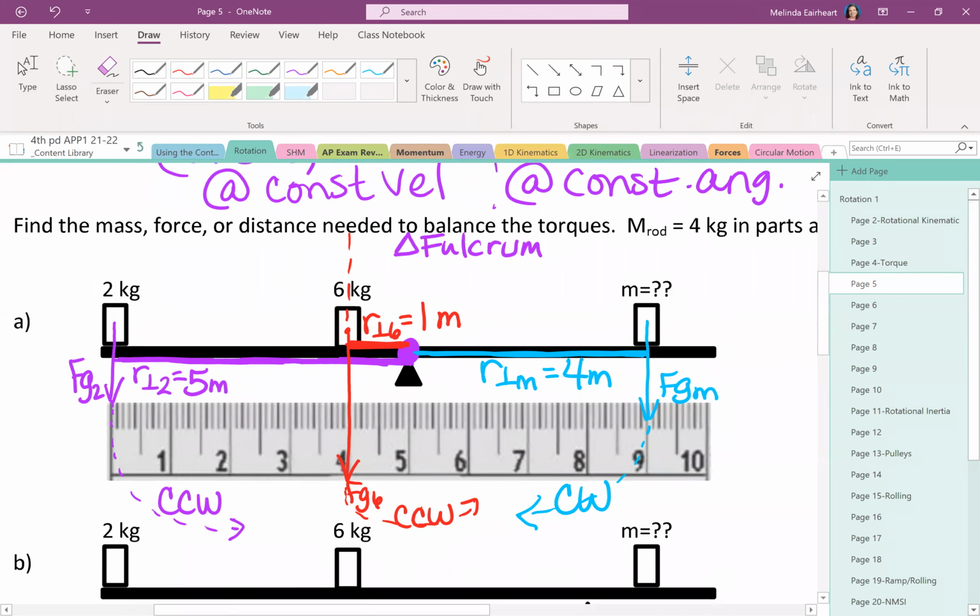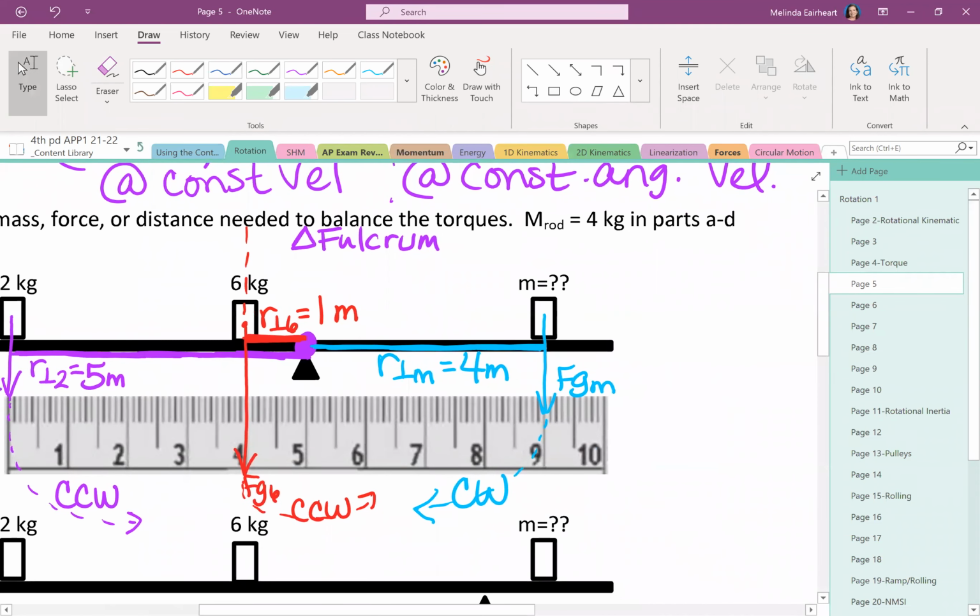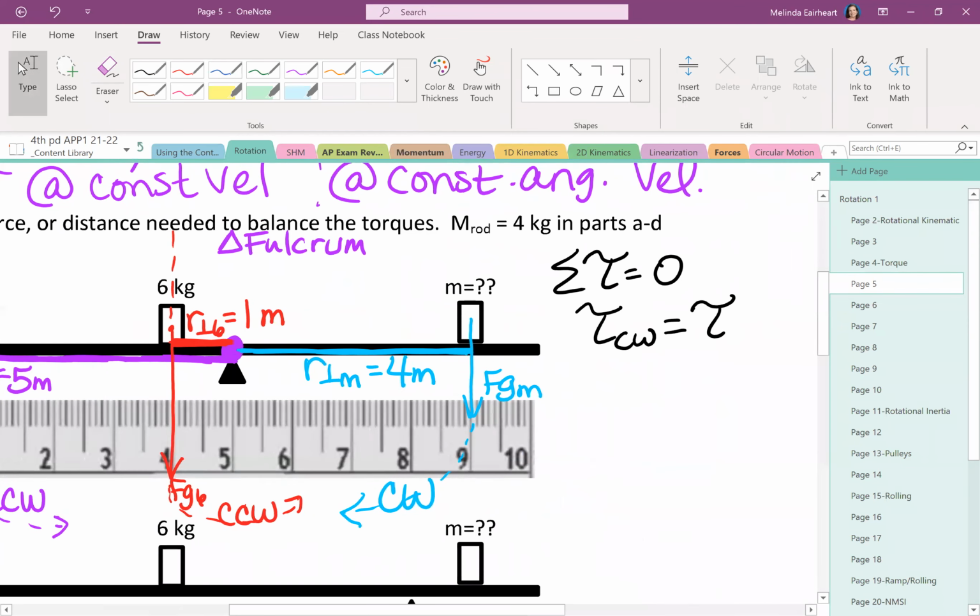And so now we need to apply Newton's first law. And so net torque equaling 0, or you can say torque clockwise balances the torques counterclockwise. This is actually where I start most of my equilibrium statements. Well, who's torquing clockwise?